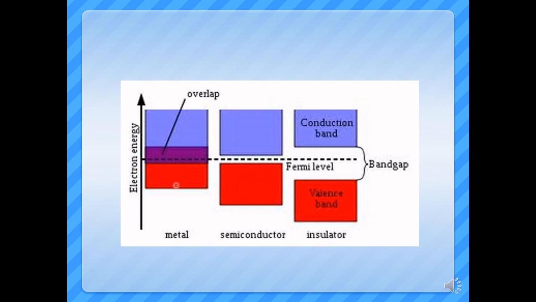Therefore, it is very easy to excite an electron from the valence band to the conduction band, and therefore metals are highly conducting in nature. So this is the band model which explains metallic bonds, and the band model can also explain the existence of different types of materials like insulators, semiconductors and metals.